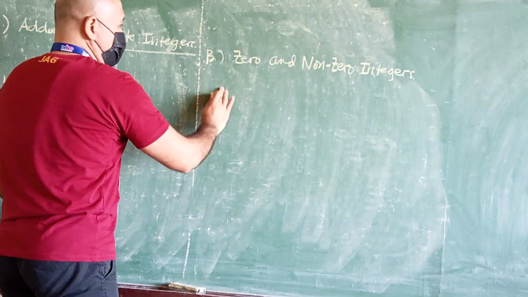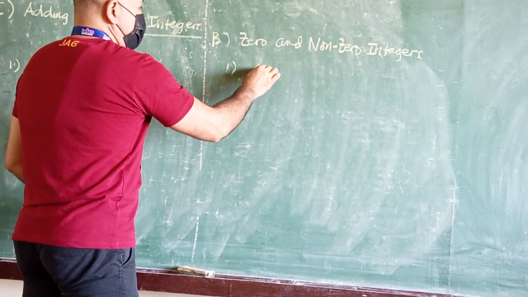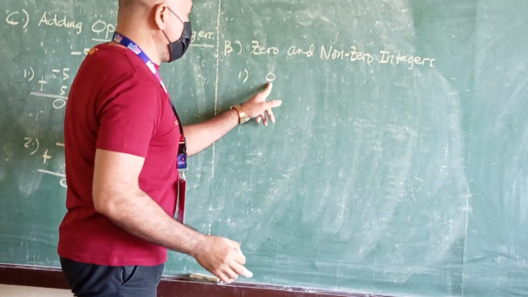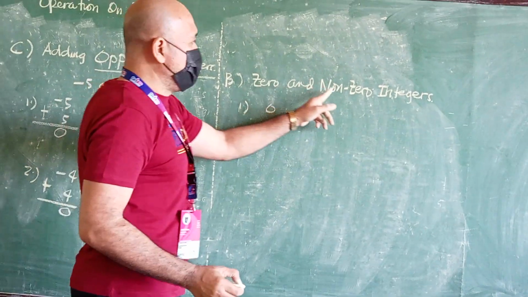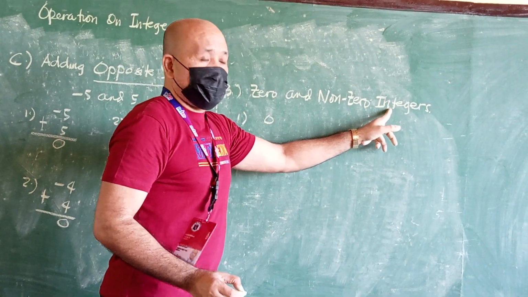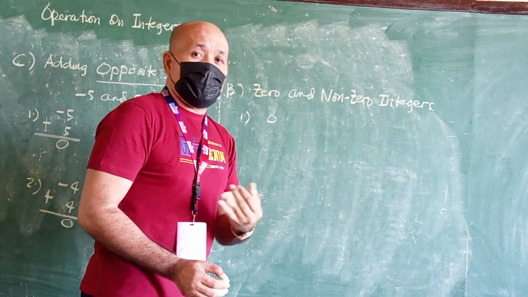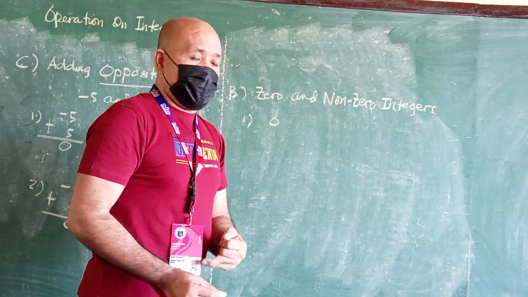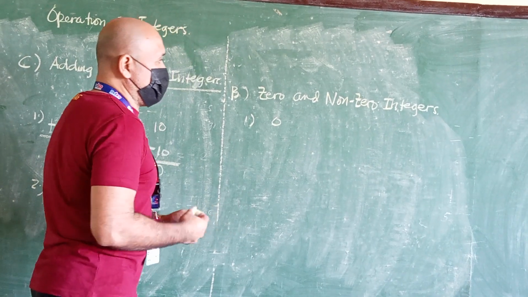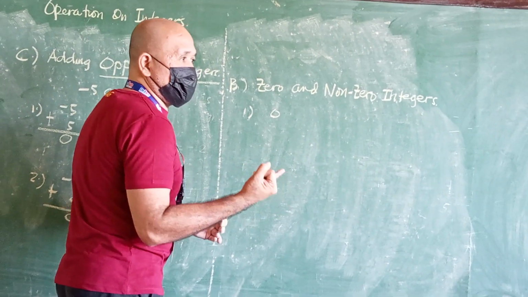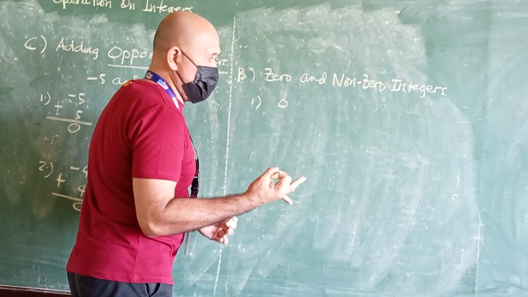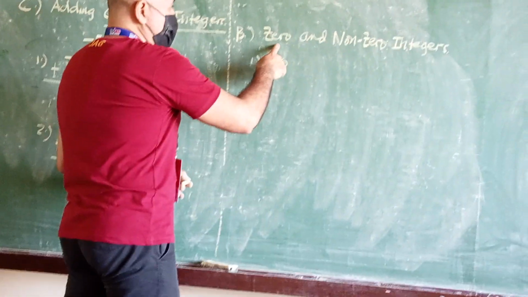When you say 0, for example, you have 0 integer. And when we say non-zero integers, these are integers like either positive integers or negative integers. So what will be the result if these negative or positive integers will be added to 0?